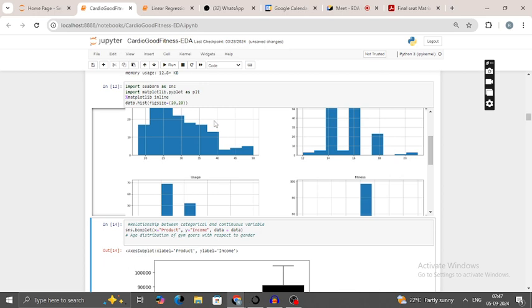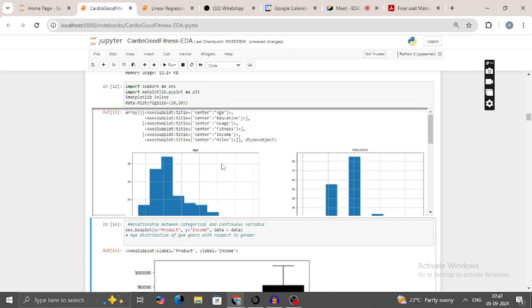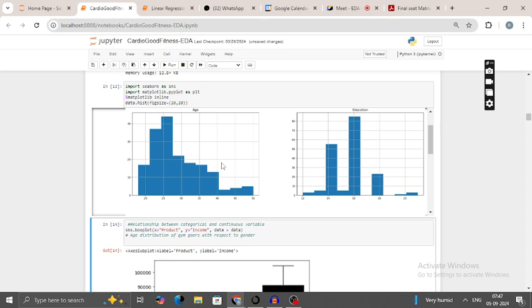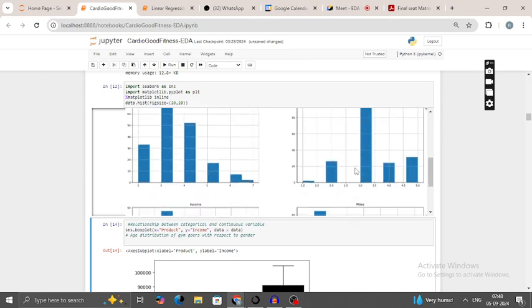Do you think most of them are 25 years, between 20 to 30 years? That is what the data is telling us here. And education, most of them have studied for 16 years. Similarly, usage, most of them is with the 3 and 4.